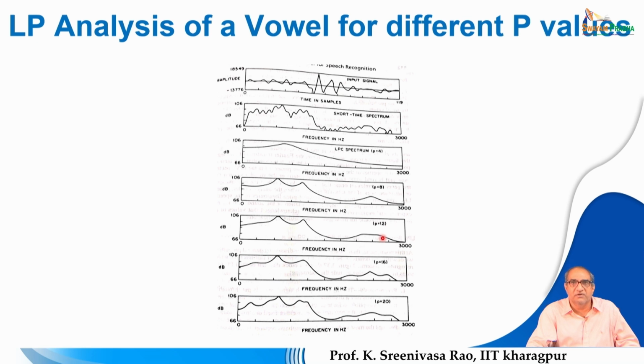If you increase the order to p equals to 12, the LP spectrum almost follows the same thing, very close. But from p equals to 8 to p equals to 12, the high frequencies are better resolved. At the high frequencies you can see only one peak here, whereas here you can see more.